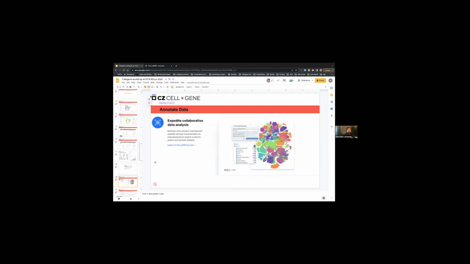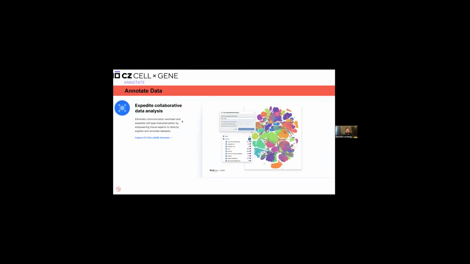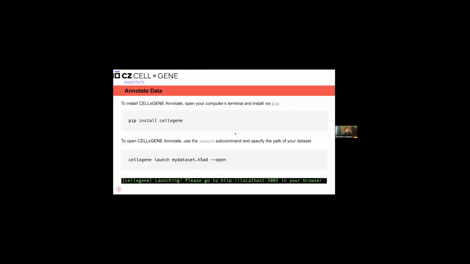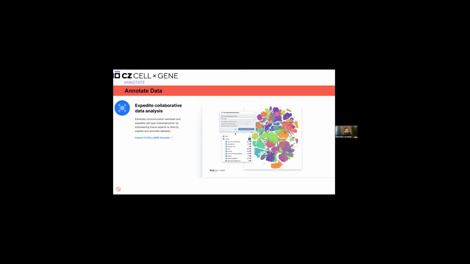The other cool thing about Cell by Gene Annotate is there is an extra feature here, and particularly what this feature enables is collaborative data analysis. Basically, this allows you to re-annotate data sets.